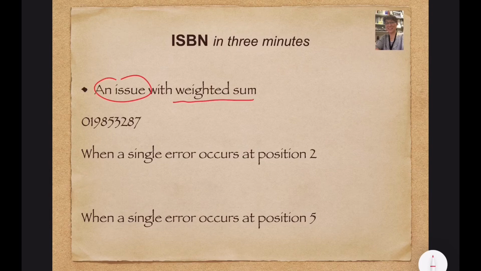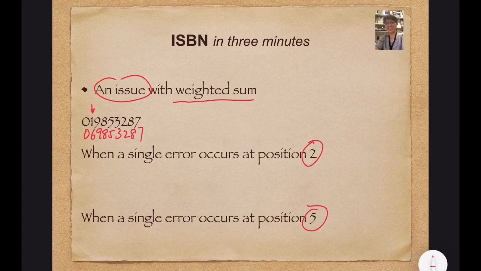The issue is that after we introduce weighted sum, we lost some ability to identify single errors. Have a look at these 2 cases. When we have a single error occurring at position 2 or 5, let's see what happened. If we have a number transmitted mistakenly at position 2, so we change 1 to 6, right?